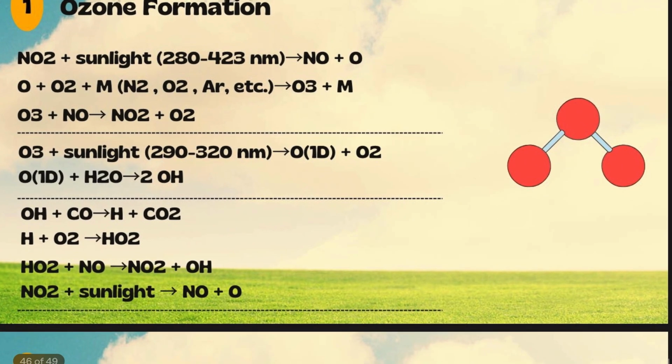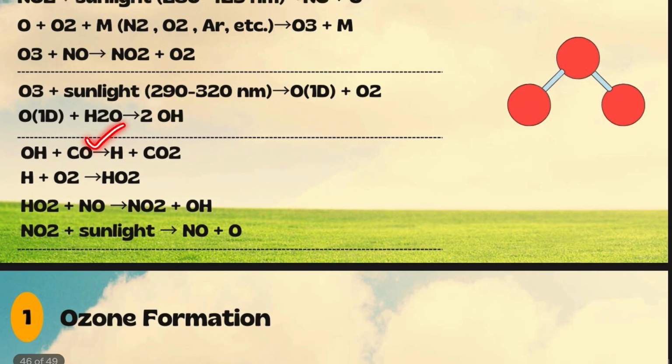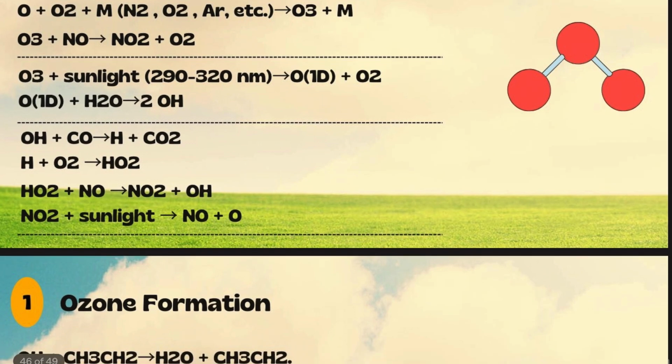So if we see in this reaction, ozone in the presence of sunlight decomposes into oxygen and this free oxygen atom. This free oxygen atom then further reacts with water vapor in the air to form the hydroxyl species. Once hydroxyl is formed, it can react further with carbon monoxide or hydrocarbons to create reactive peroxy radicals, and in this way again sets up a chain reaction for the production of ozone.